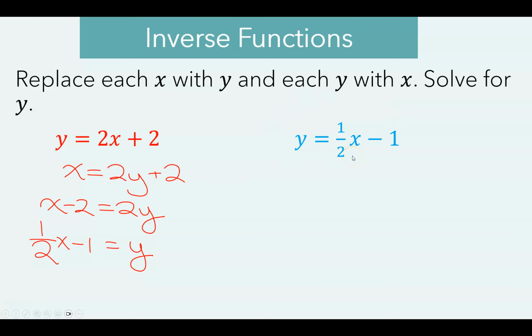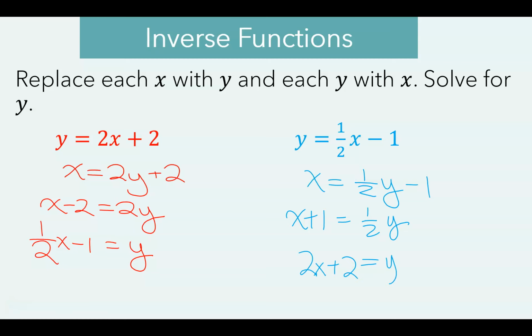So if we swap x and y here, x equals 1/2 y minus 1. Ideally, we're going to get back to y equals 2x plus 2. I guess we're going to add 1 to both sides, and then multiply both sides of our equation by 2, and y equals 2x plus 2.